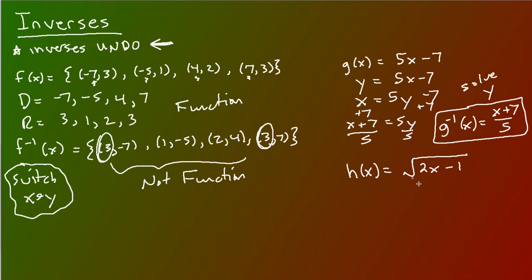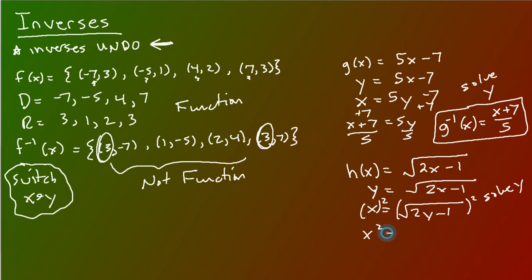All right, this next one, I'll do the same thing. So I have y equals root 2x minus 1. I switch x and y. And now I solve for y. So to undo a root, I'm going to square it.